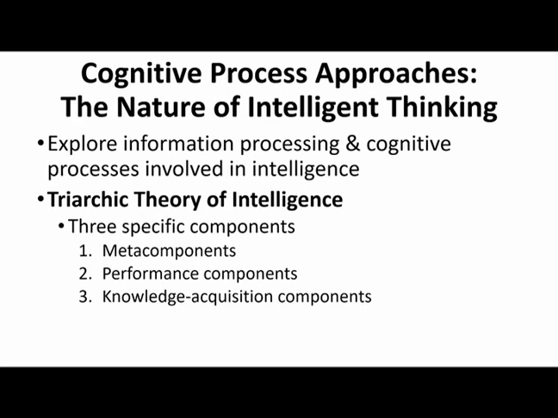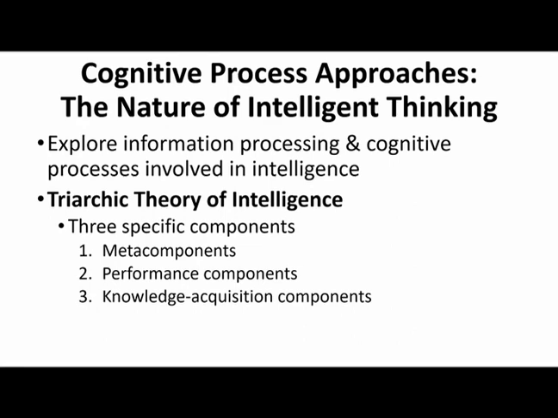And for these, we're going to be looking at the specific thought processes that underlie our mental competencies. So what's going on underneath? What thought processes are involved underneath all of those structures and divisions that we talked about with our psychometric approach? We can explore the information processing and cognitive processes that are involved in our intelligence.